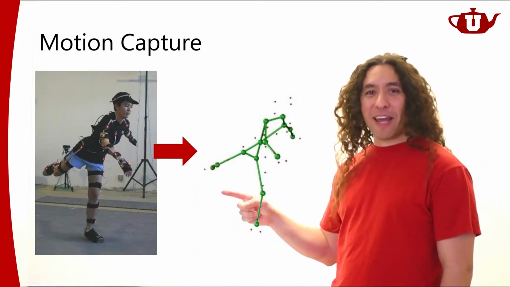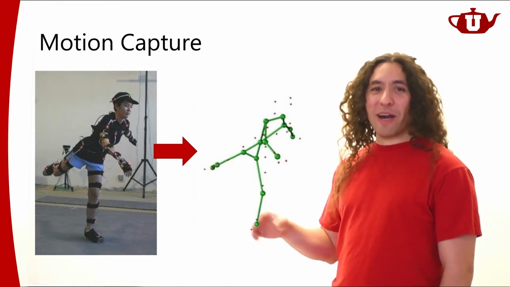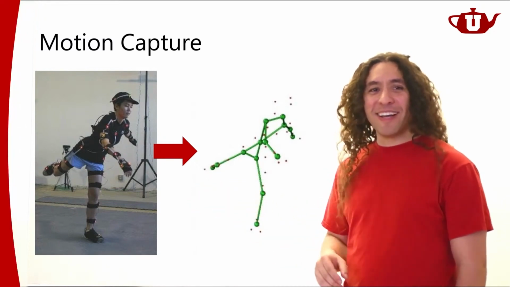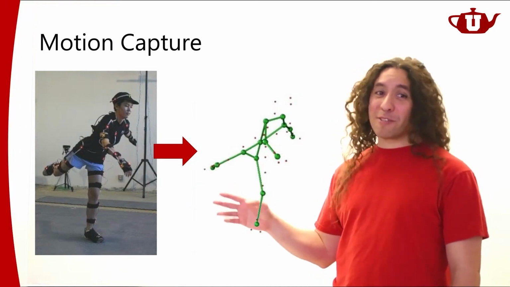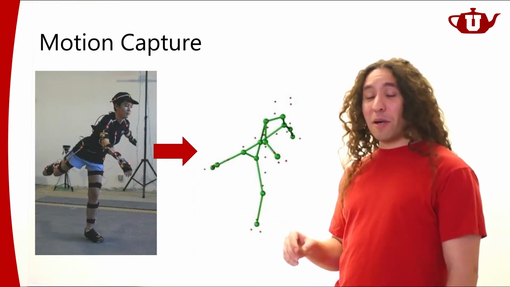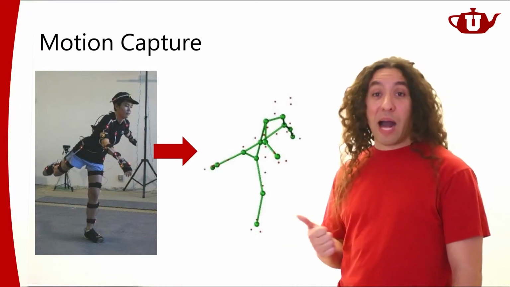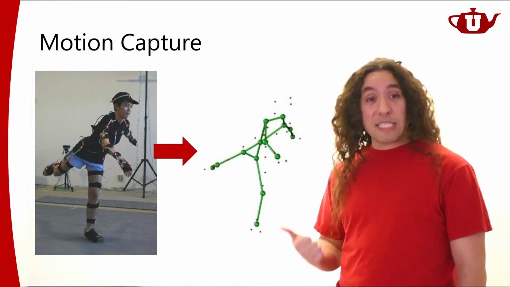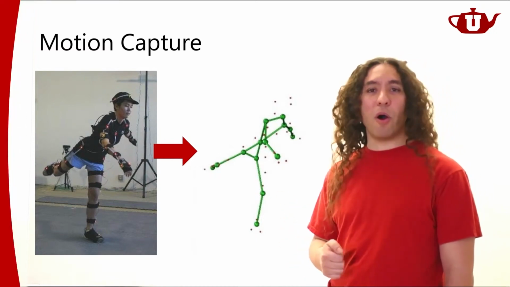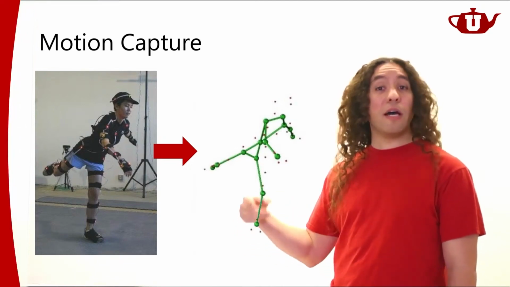Unless we use X-ray and not worry about the health of this actor, we won't be able to see the bones clearly, right? So we need different sorts of algorithms to estimate the orientation of these bones based on what we can see.